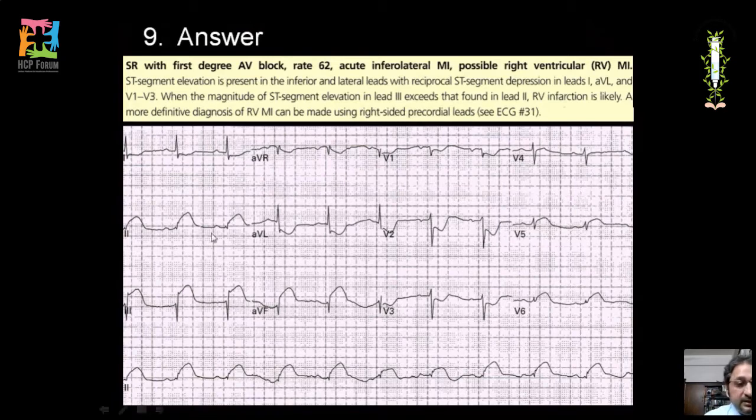In this ECG, the ST elevation in lead 3 is much more than in lead 2. And lead 3 is a more right-sided lead that points to a diagnosis of right ventricular infarct.